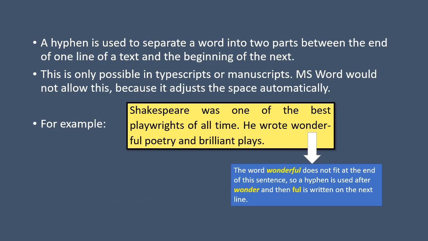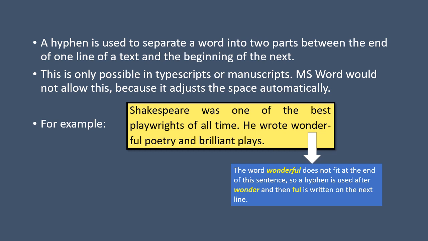A hyphen is used to separate a word into two parts between the end of one line of a text and the beginning of the next line. This is only possible in typescripts or manuscripts. Microsoft Word would not allow this because it adjusts the space automatically. Now, this is an example from, you could say, a manuscript.